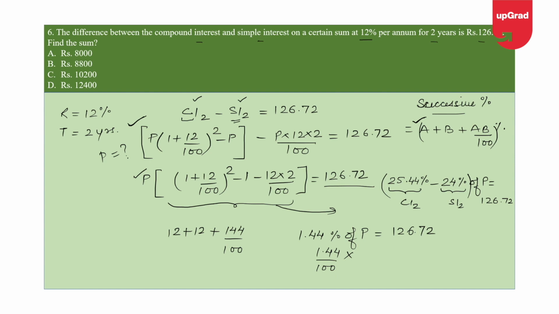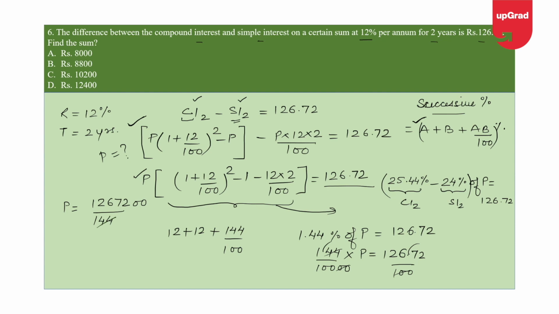Of is replaced by multiplication, so 1.44 by 100 multiplied by P is equal to 126.72. I can even remove this decimal and get a couple of zeros again. Now, when I solve this further, I'll have to cancel everything. Let's put a couple of zeros here as well and then cancel them. So from a calculation point of view, I have to do 12672 divided by 144 multiplied by 100.